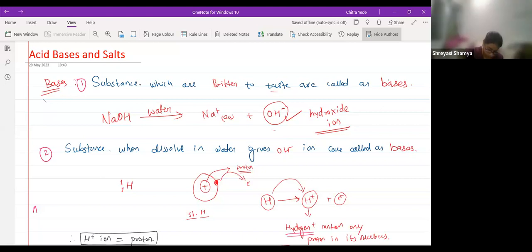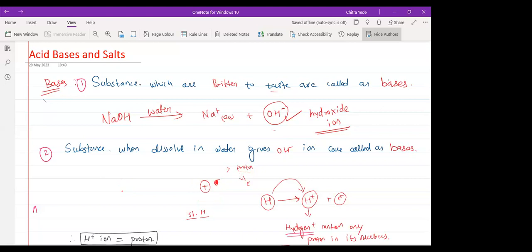And they are proton acceptors, beta. They accept the proton. So I'm writing here: bases are proton acceptors.